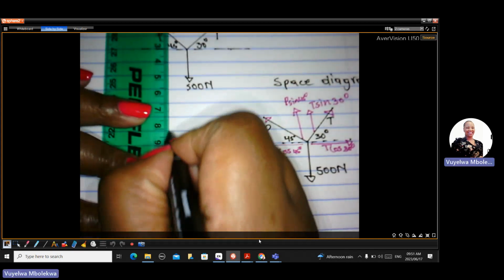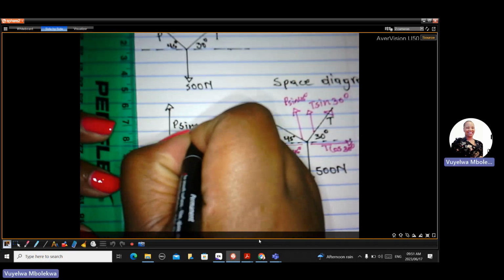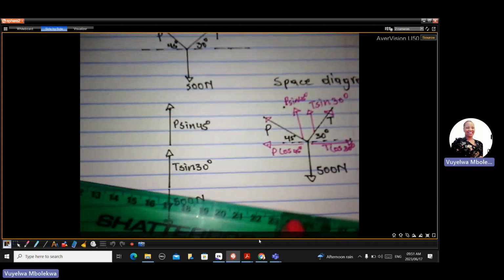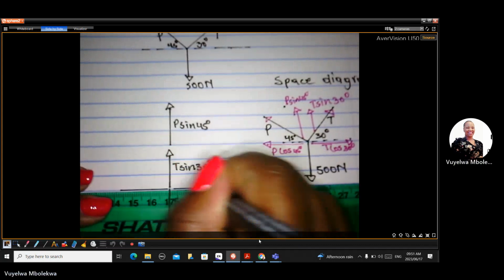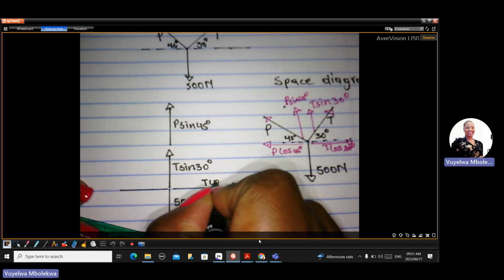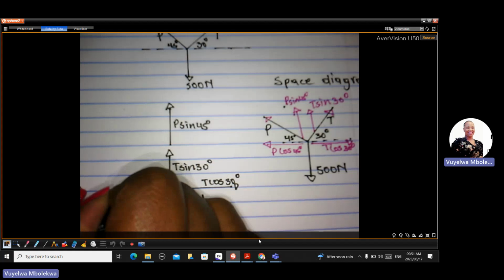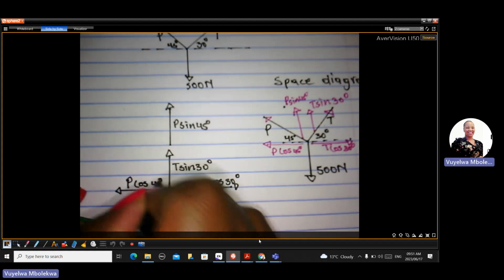And again, up there, we have P sin 45. And then horizontally, we have the T cos 30 as well as the P cos 45.